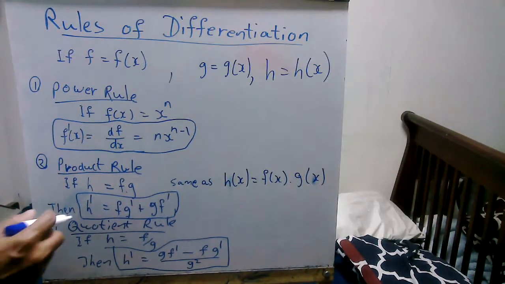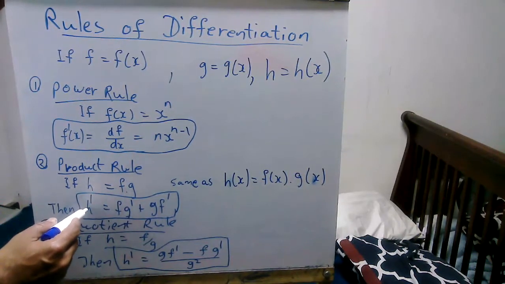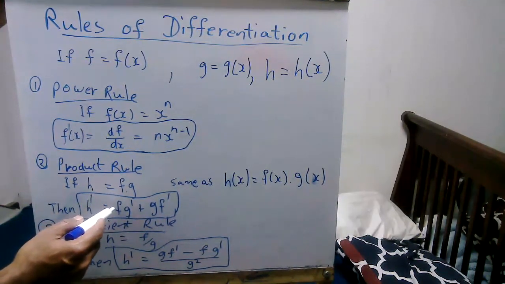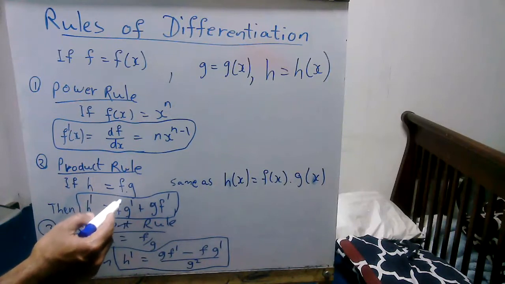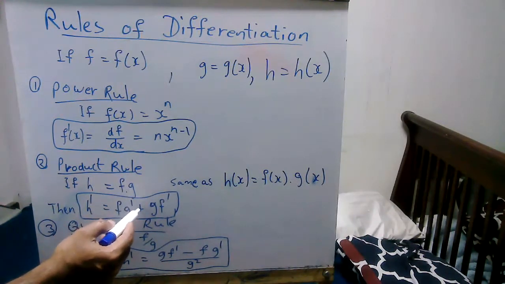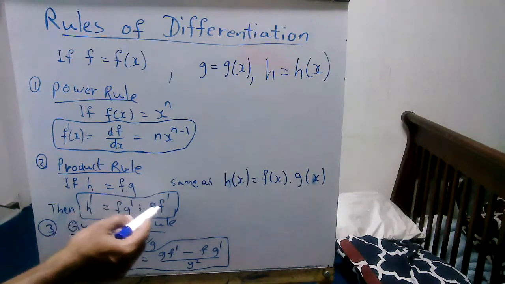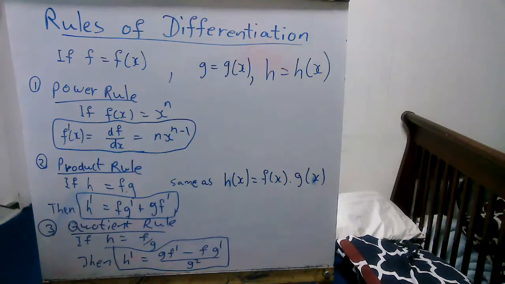Let's see it again. The derivative of h, which is h prime, is equal to the first function times the derivative of the second function plus the second function times the derivative of the first function. Right?